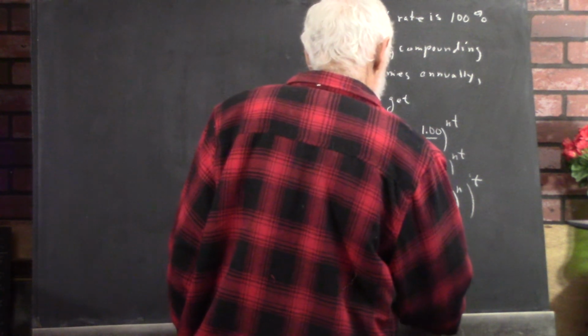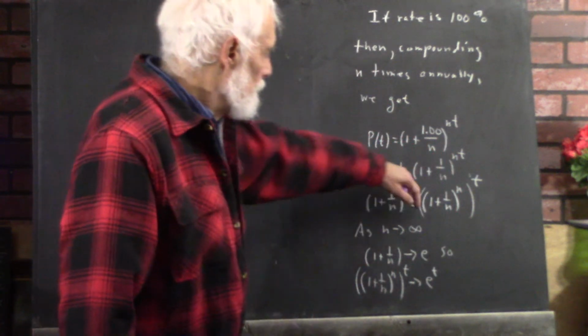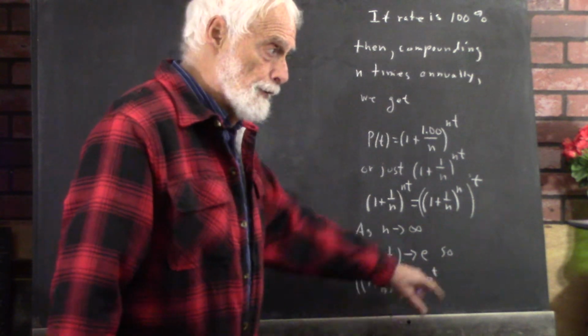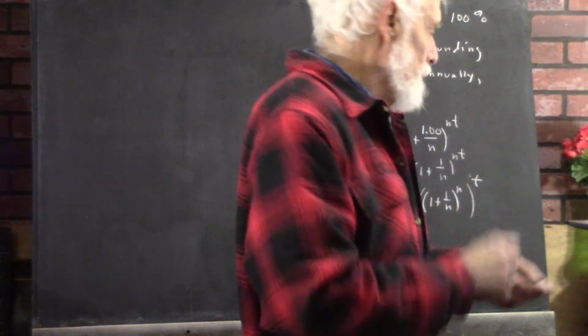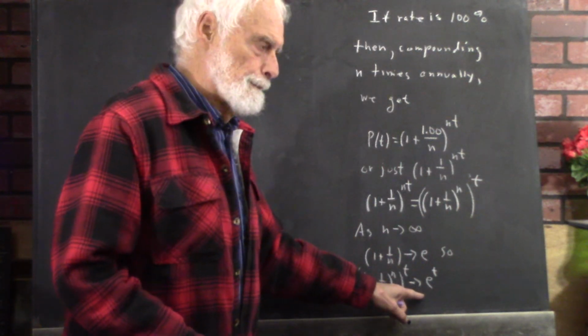So 1 plus 1 over n to the n raised to the t has to go to e to the t. That's a big deal, and that's why you have an E button on your calculator.